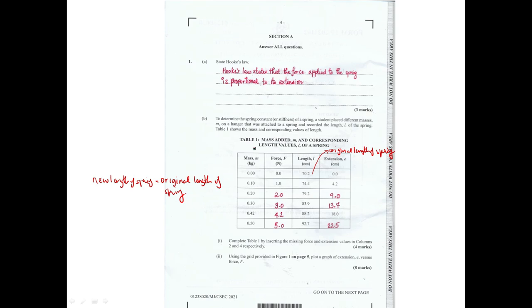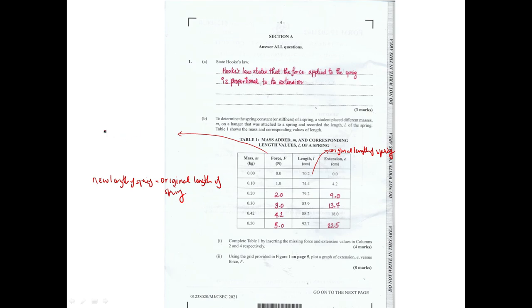So here's another thing for you to realize if you don't know what to do for this one. If you ever use a spring balance, you would realize that every time you add 100 grams, it will be equal to 1 Newton. If you do 200 grams, it will be equal to 2 newtons.